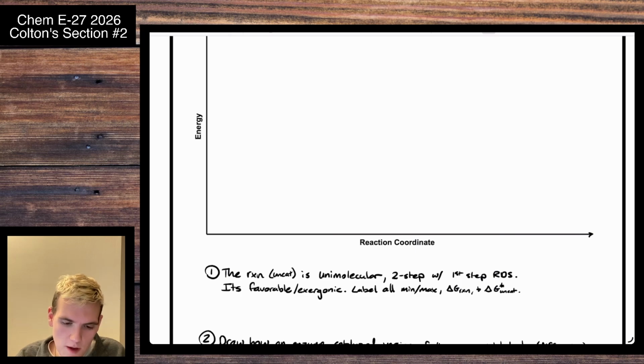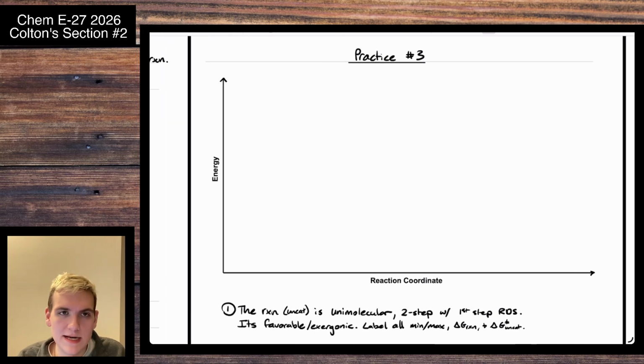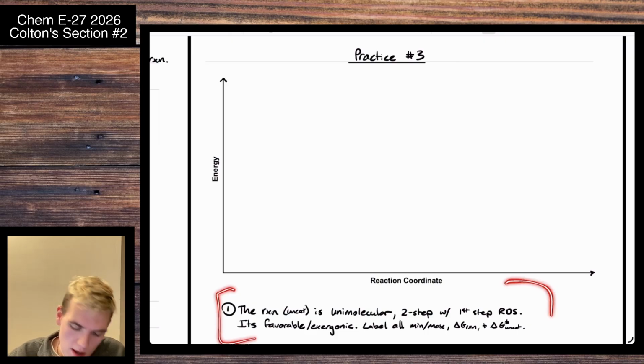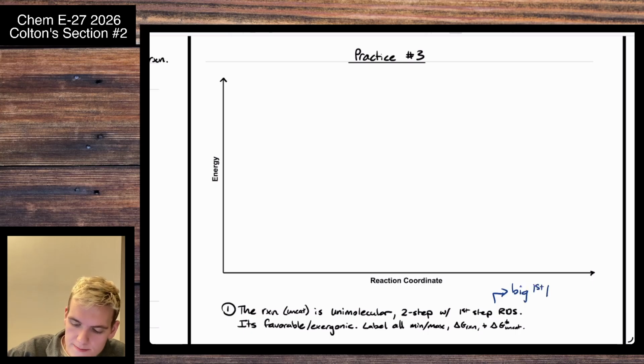So we need to draw a reaction coordinate diagram here for this. We have an uncatalyzed reaction that's unimolecular, 2 steps, with the first step rate determining. So what does this tell us? First step rate determining means we have a big first hump. 2 steps means we have 2 humps.